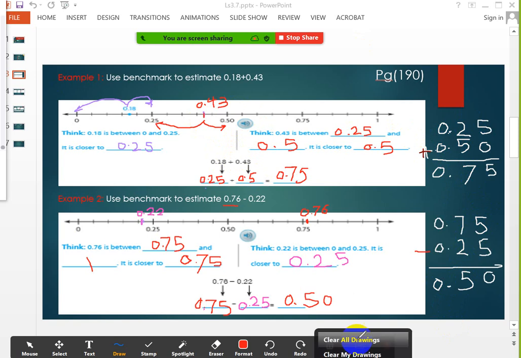Okay, this is on page 190. This is example 1 and this is example 2. Basma asked me about two questions we didn't do. So this is the first exercise, this is the second, on page 190. Any question, girls?